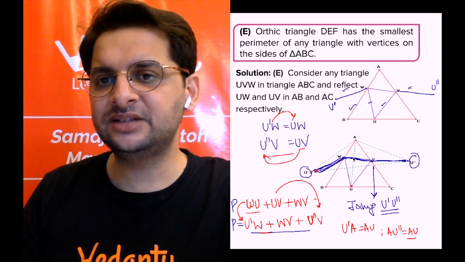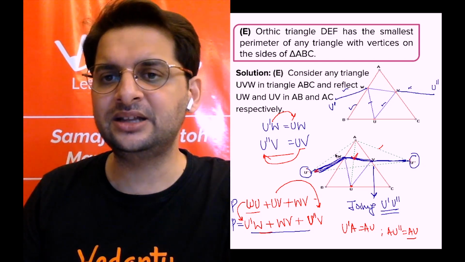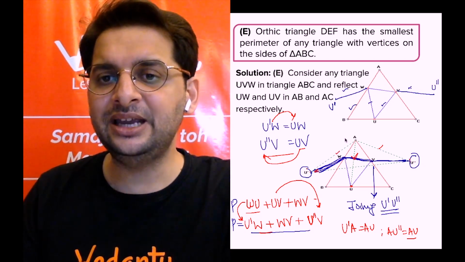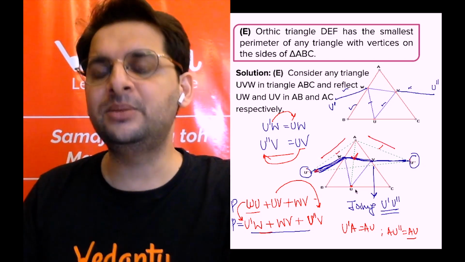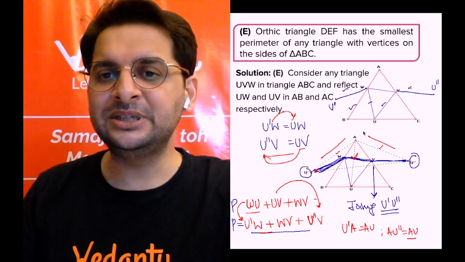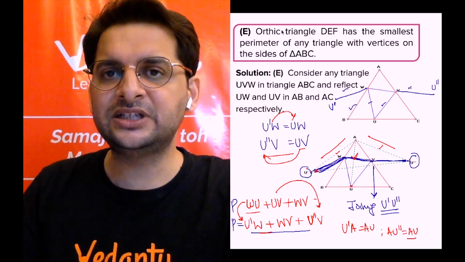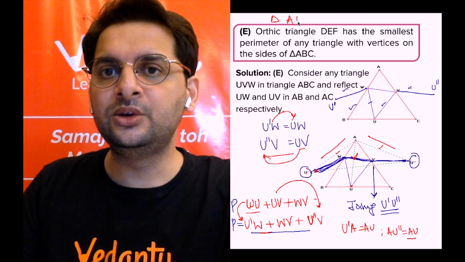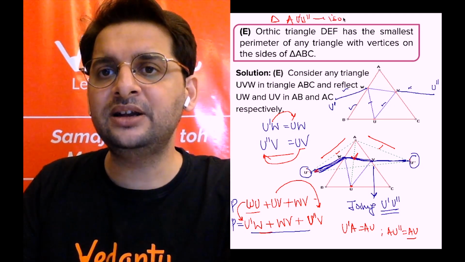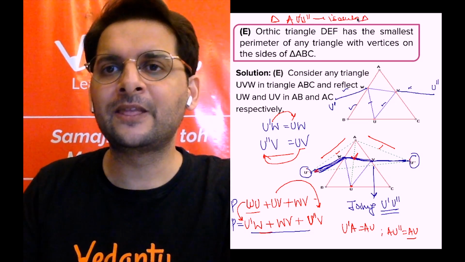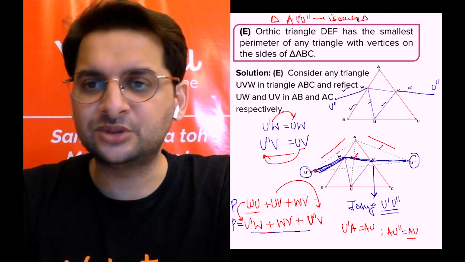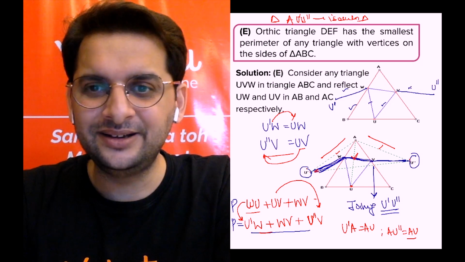If this is the reflection, this length and this length would be same, and this length and this length would be same. So that means AU dash and AU double dash are same. That means this triangle A, U dash and U double dash is an isosceles triangle, right?